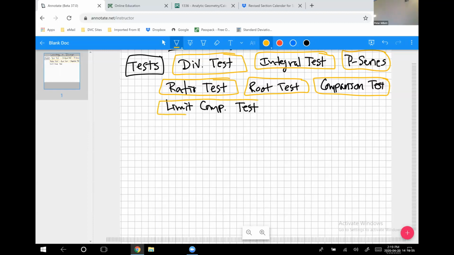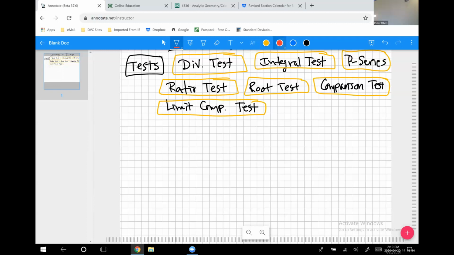We moved into 8.5 as soon as we went to the ratio test. And then I'll hold off on the alternating series test because we have to do some definitions and stuff before we talk about 8.6. But anyway, these are all of our main tests that we get in 8.4 and 8.5, just to put the list up.